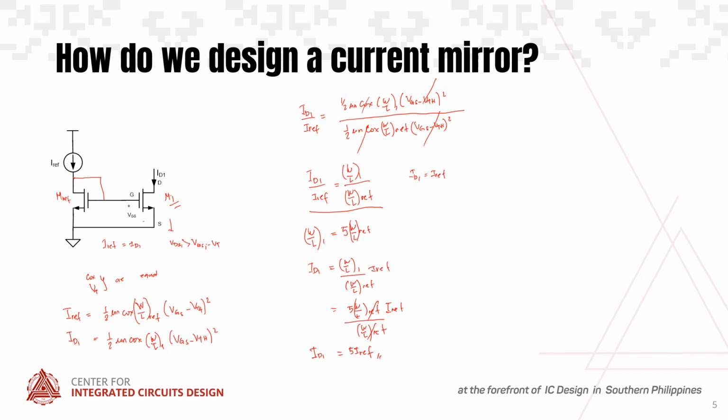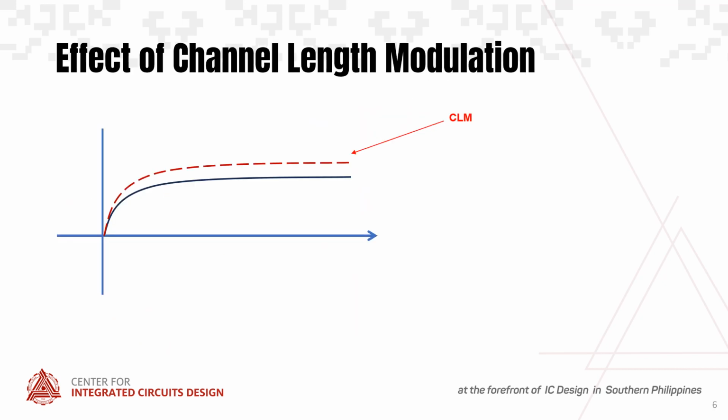So next we consider the channel length modulation. So I forgot to mention that when we design a circuit in an IC, most of the time the designer would have a fixed length para hindi mahirapan yung layout engineer natin. So with that, we can change the ratio of W/L by changing the width of the MOSFET.